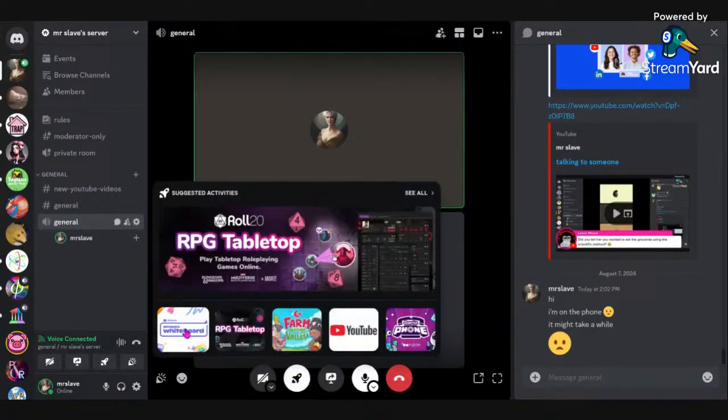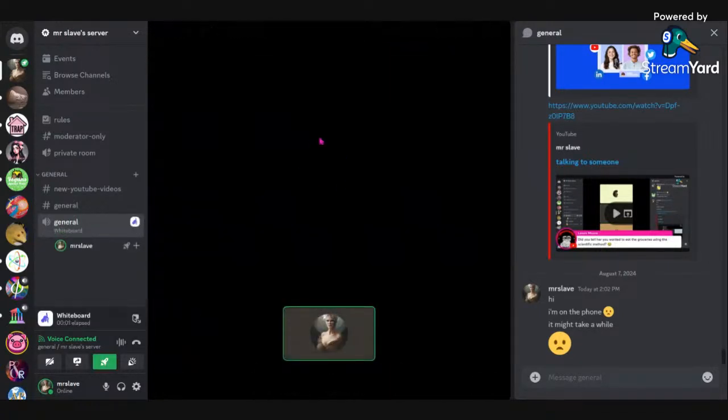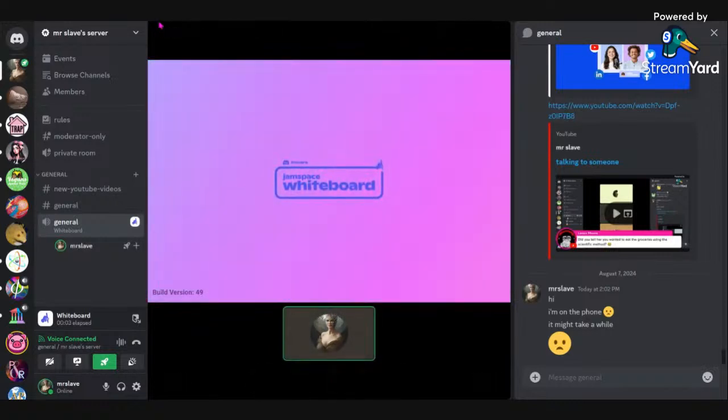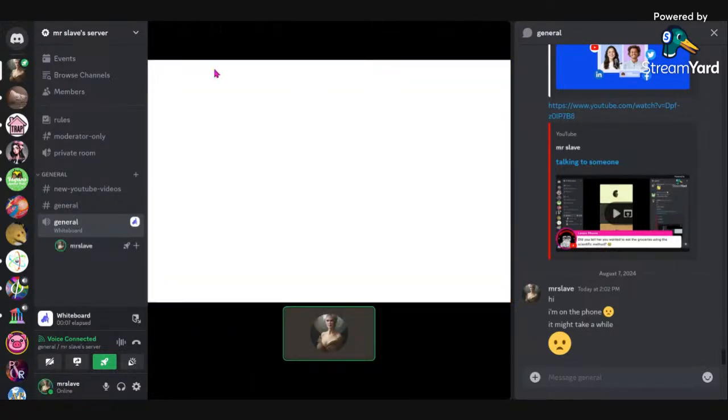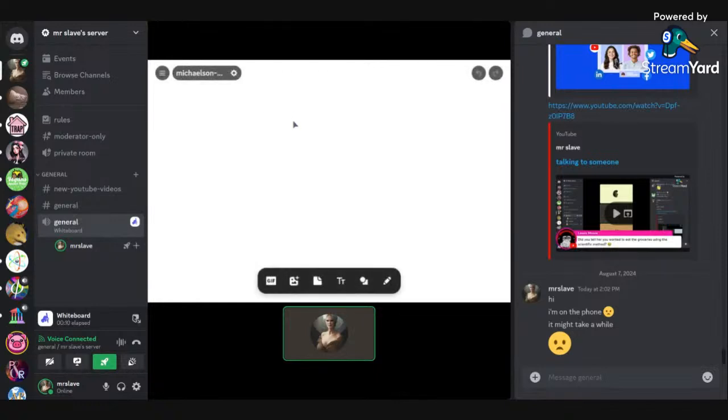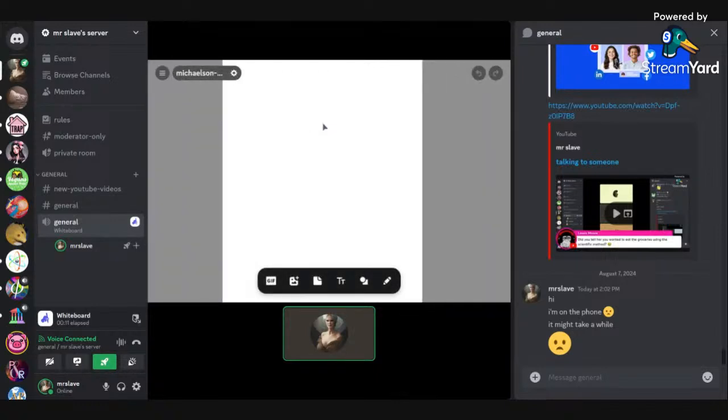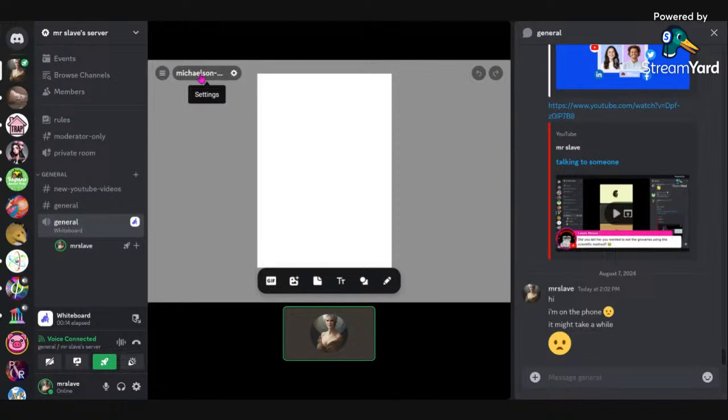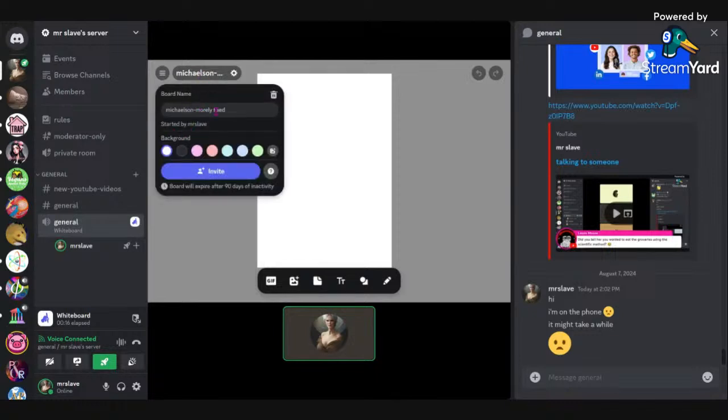So let's pull up a whiteboard. We need a whiteboard. What's this? Michelson-Morley fixed. Instead of fixed, I would just call it vertical.